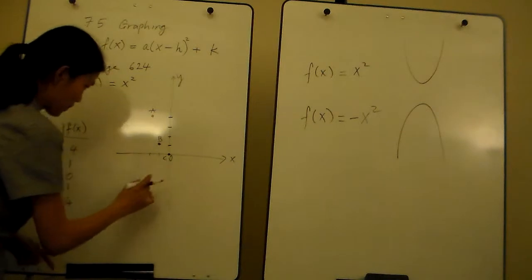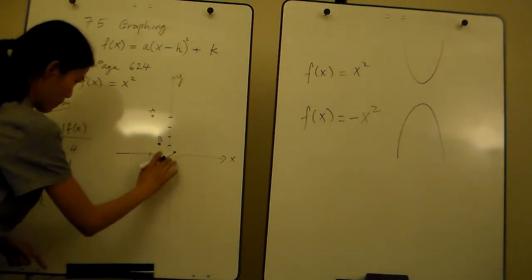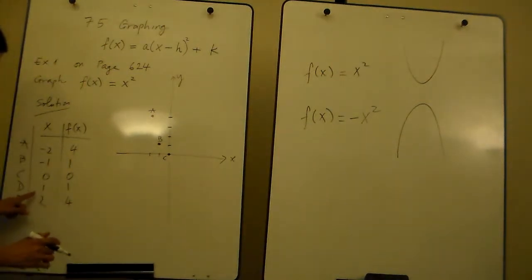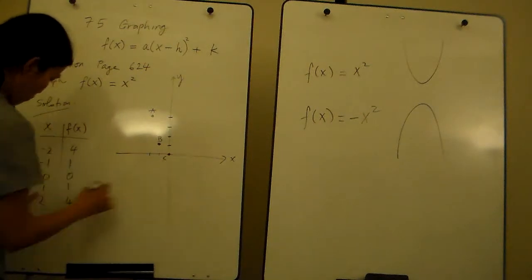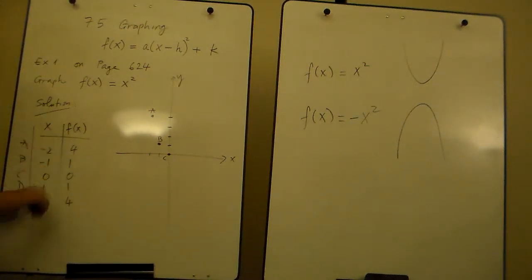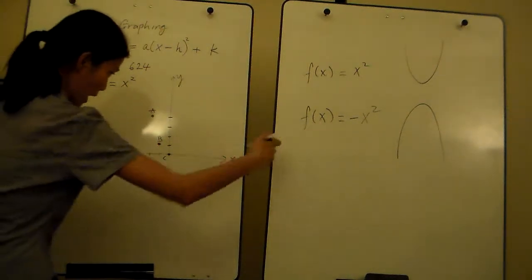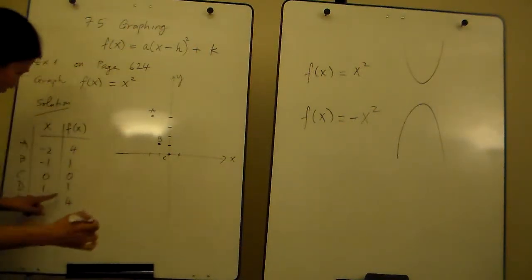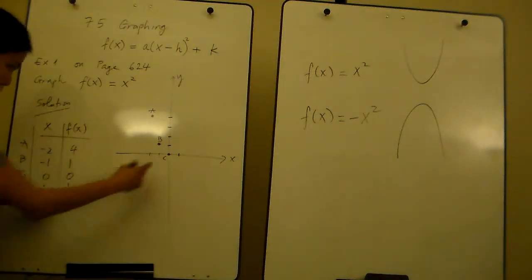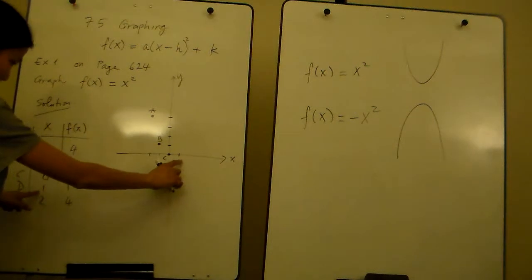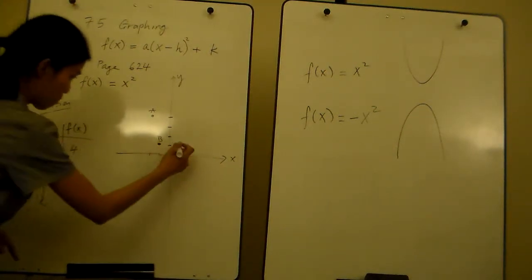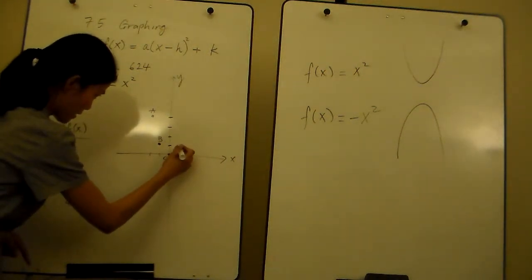So this is C. Then D is 1, 1. For x positive, from the origin you go right 1 unit, and for y, you go up 1 unit because it's positive.